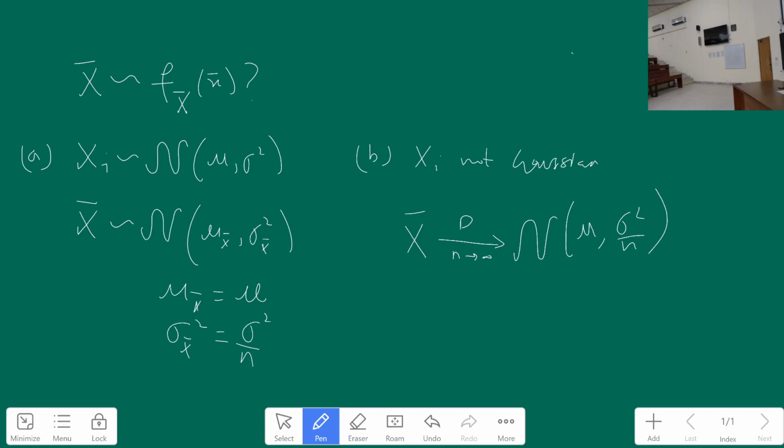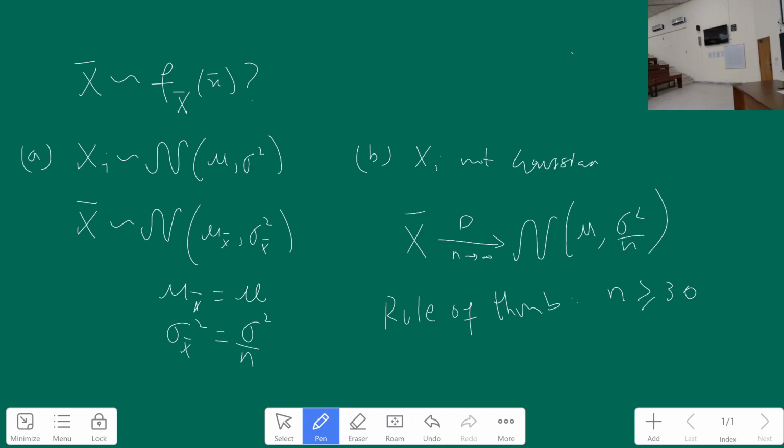Now a rule of thumb, you know, something based on practice or practical knowledge. The rule of thumb is that if n is greater than or equal to 30, so if your sample size is greater than or equal to 30, you can easily assume that your sample mean has a normal distribution.